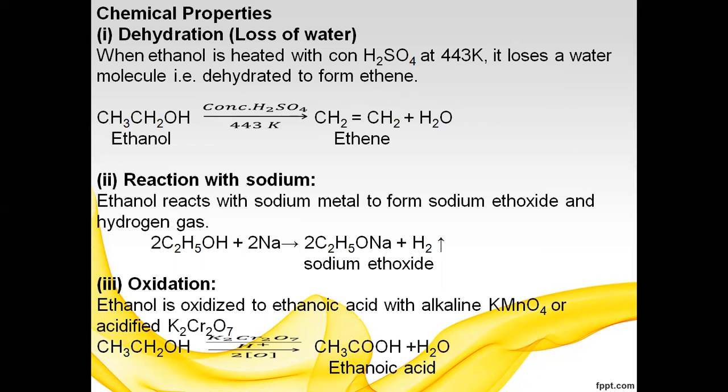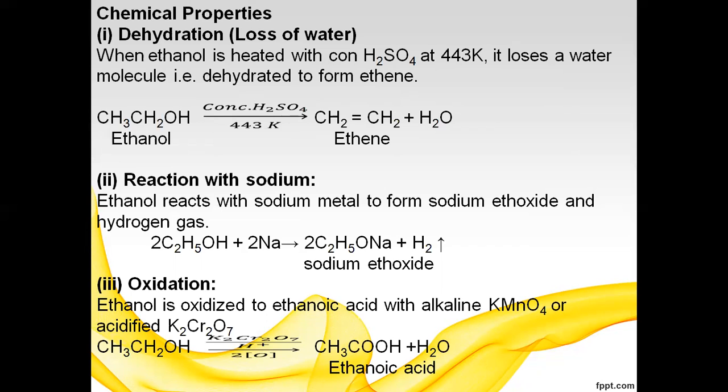So the equation: 2C2H5OH plus sodium metal, Na, gives sodium ethoxide, 2C2H5ONa, plus hydrogen gas. Hydrogen gas is liberated, as the arrow mark indicates. This is one of the chemical properties of ethanol.